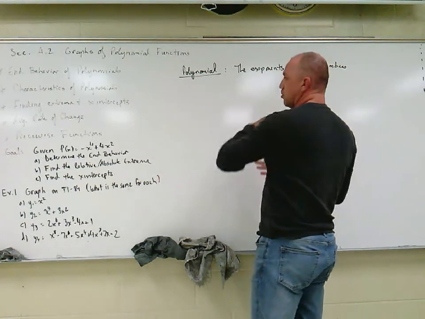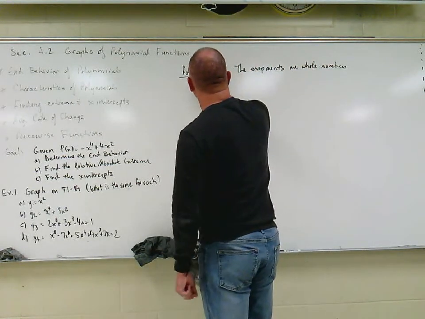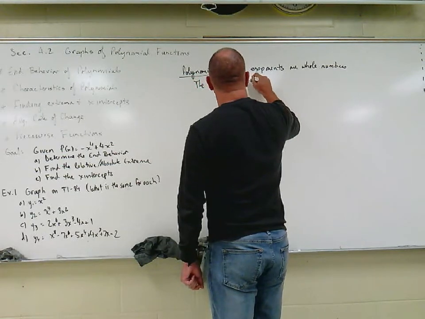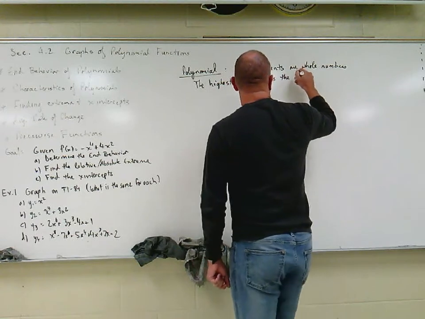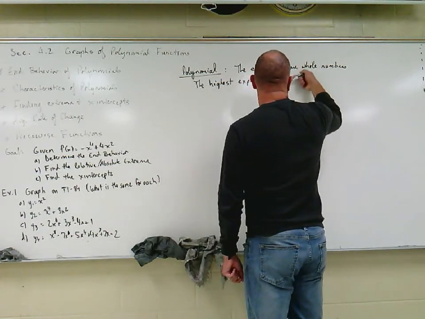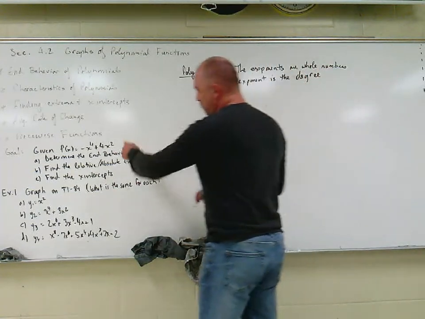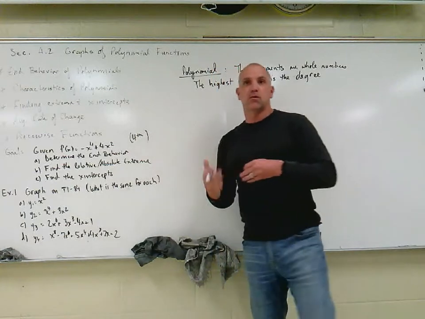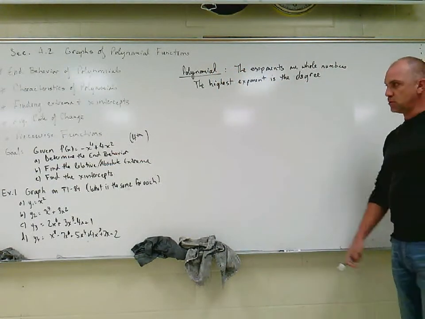So the exponents are whole numbers, 0, 1, 2, 3, 4. And the highest exponent is the degree. So on this problem here, our goal for today is to be able to work that. This would be a 4th degree polynomial. And there's something about the degree that tells us certain aspects of the graph. So it's important to know the degree.